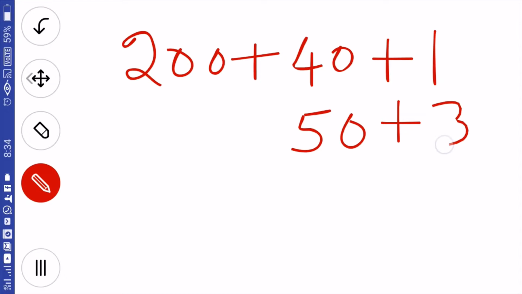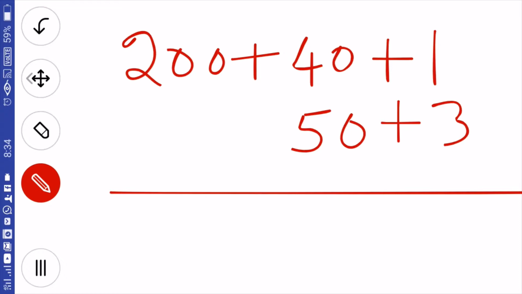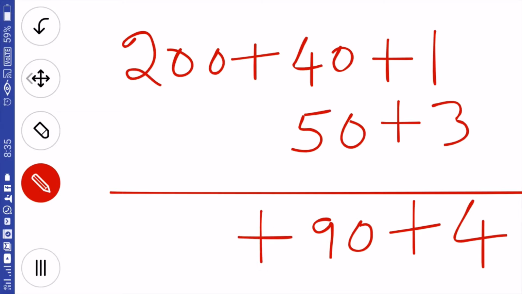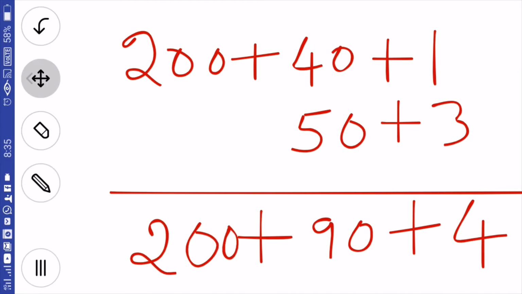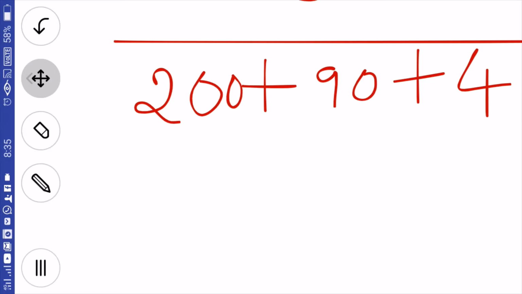We add these. 3 ones and 1 one make 4 ones. Then we add the tens and get 9 tens. Then the hundreds, only 2 hundreds. So combining all this, we get the number 294.